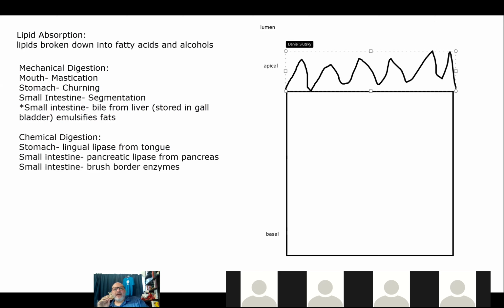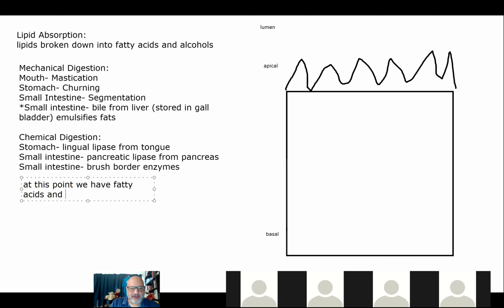Excellent. At this point, we have now broken down our lipids into fatty acids and alcohols. But remember, fatty acids and alcohols still don't really like water. So at this point, we have fatty acids and alcohols.